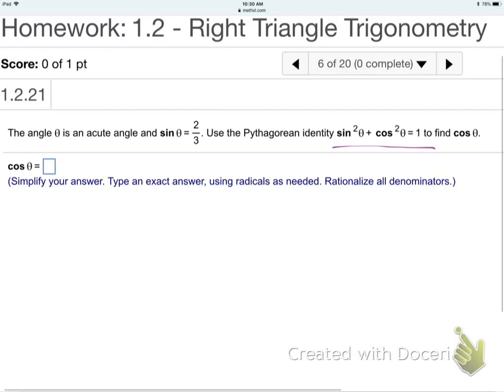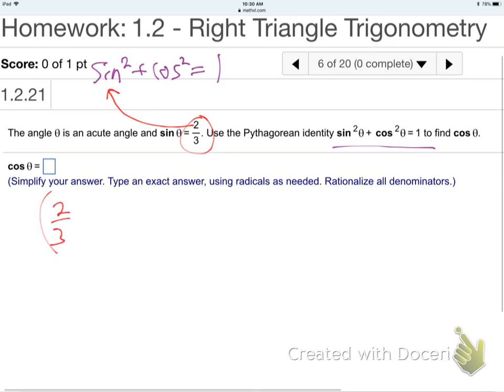So sine squared plus cosine squared is 1. We'll use that formula a lot in days to come. Sine squared plus cosine squared is 1. I'll give you a good reason why it's true later. But for now, let's just do what they want us to do, which is to take that 2/3 and pop it in for sine.